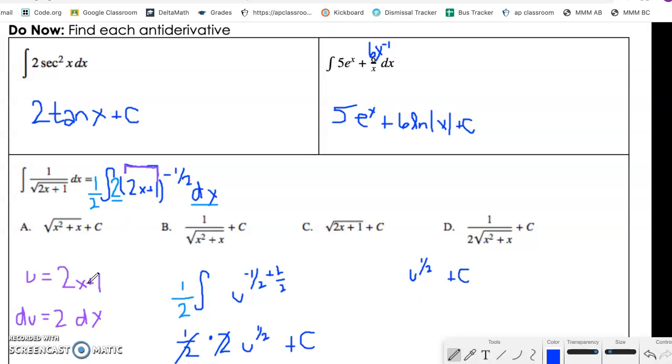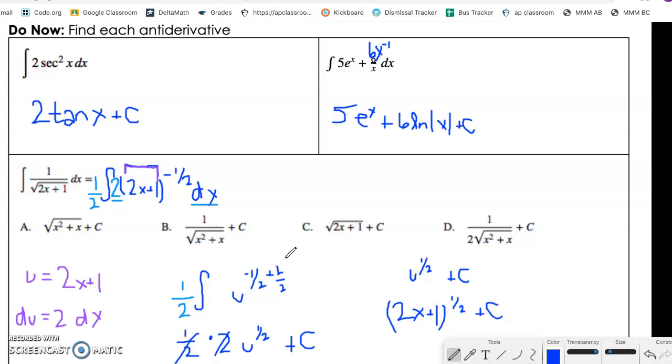And then in this case, my last thing to do is to substitute my u back into the equation. I know my u is going to be 2x plus 1. So I'll say 2x plus 1 raised to the 1/2 plus c.